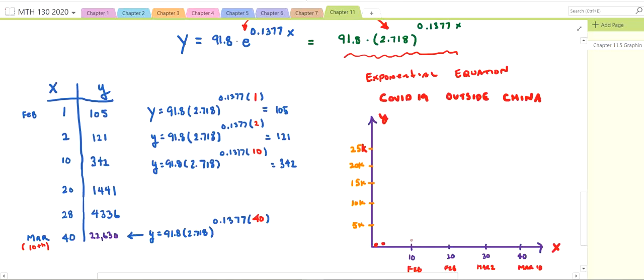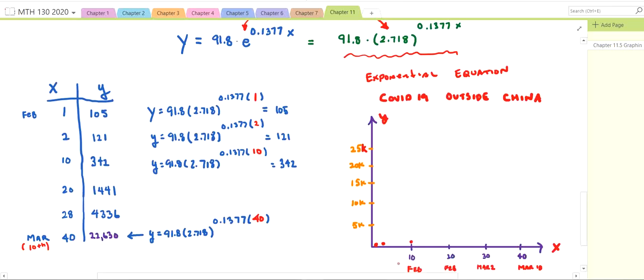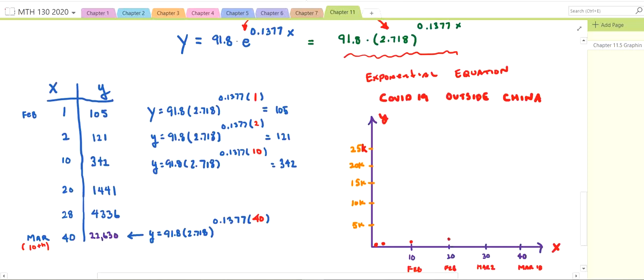At 10, we have 342, which pretty much is still down there. At 20, we have 1,441, so that's about right here. So it's slowly moving up. So it looks like almost a line going here. By the 28th, though, we have almost 5,000. Now it's curving up rapidly.